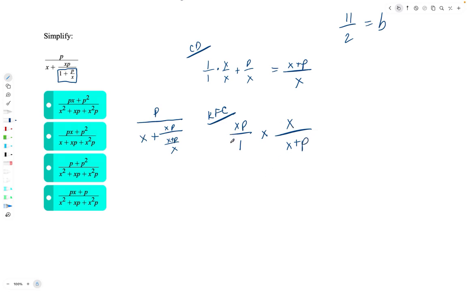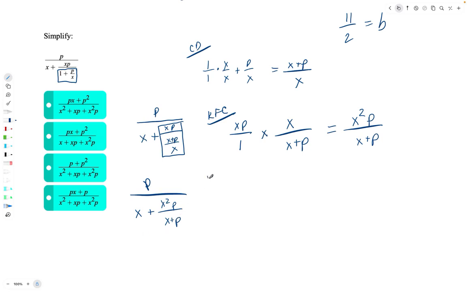So then that's going to give me x squared p over x plus p. And that is going to take the place of this. So now I have p over x plus x squared p over x plus p.